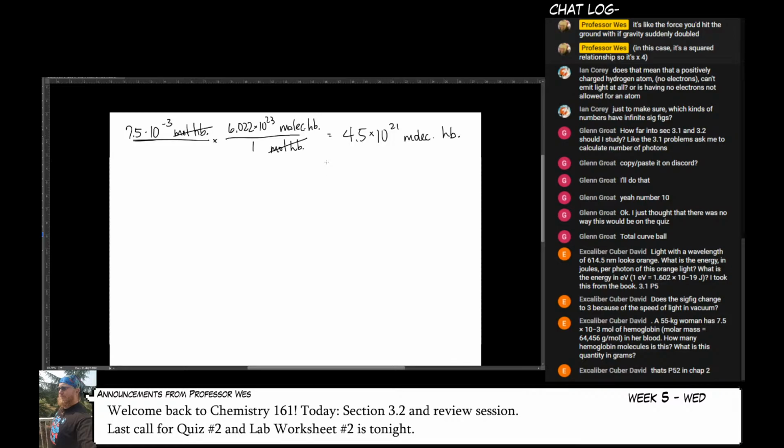And then if I wanted the number of grams of that, I would instead take the same number again, and I'd say, okay, moles I can turn into grams of hemoglobin. And the molar mass is 64,456.